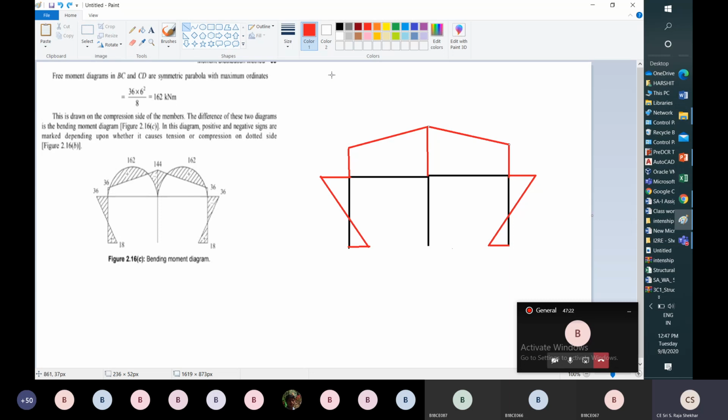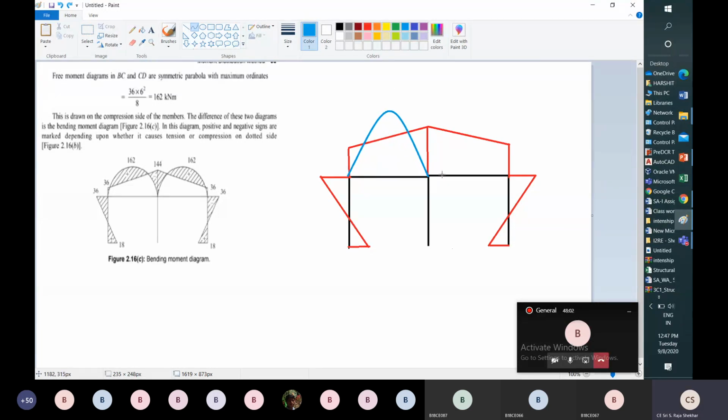The variation of the bending moment diagram due to applied uniformly distributed load is a 2-degree parabola. We draw that parabolic variation.